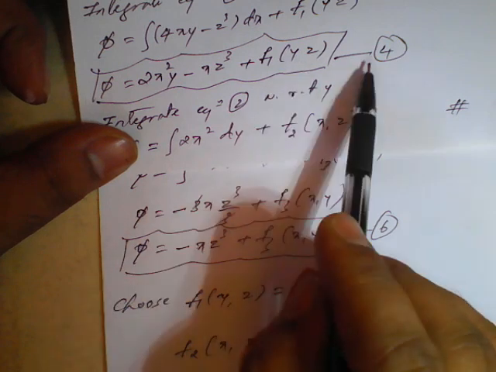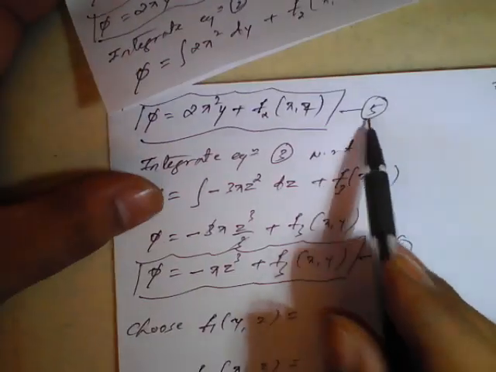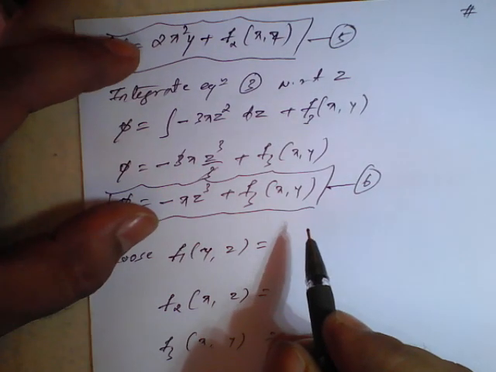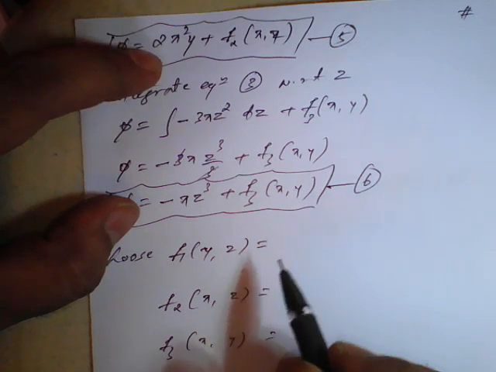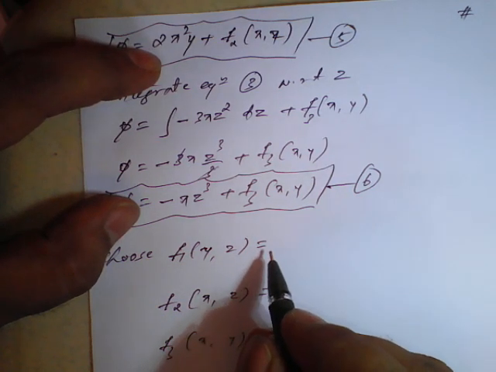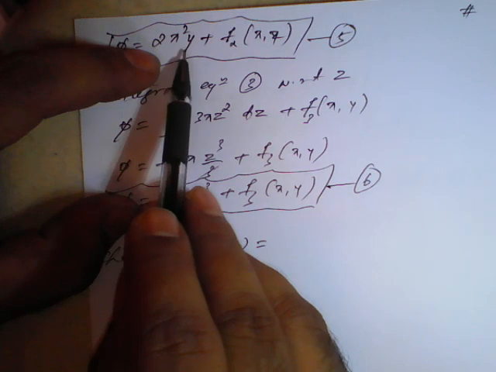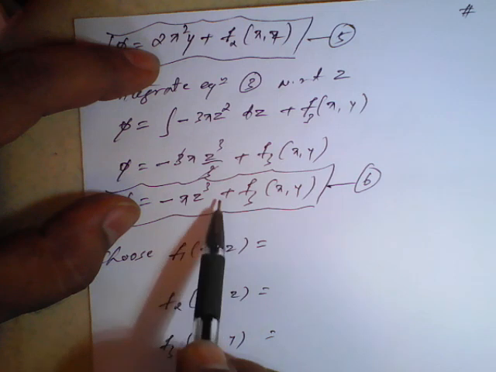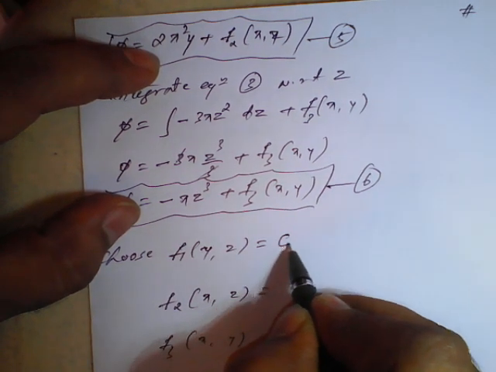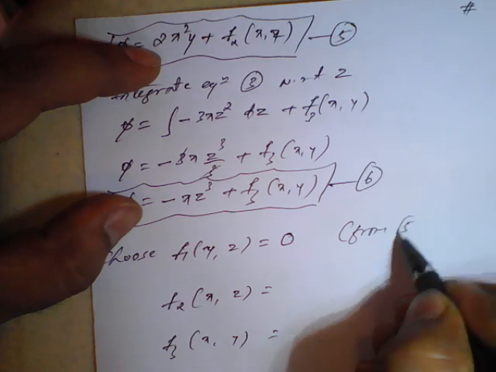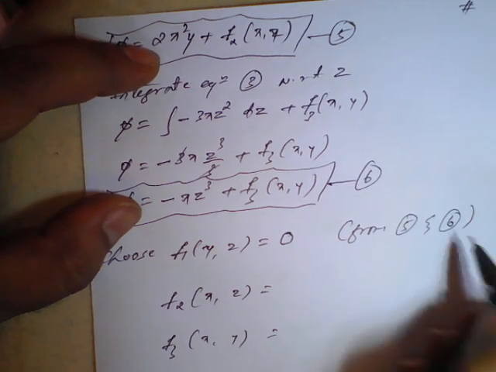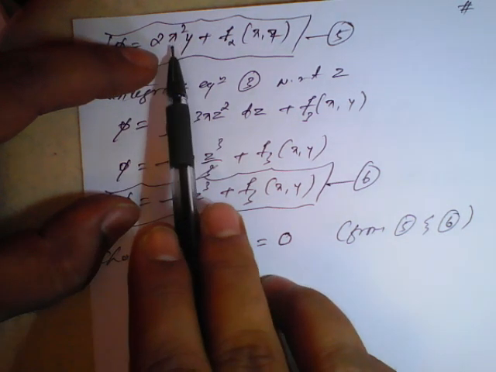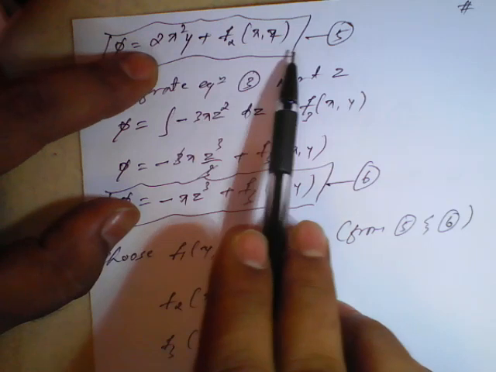So from equations 5 and 6 we have to see the term that should be free from x. We don't have any term free from x here, and also in equation number 6 we don't have any term free from z. So therefore this will be 0. This is from 5 and 6. Remember, yz means free from x. Here x is there, here also x. So no term is there in equations 5 and 6 free from x.